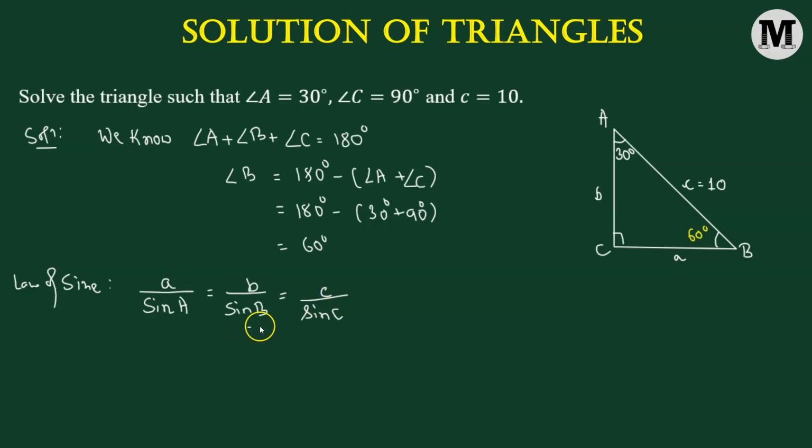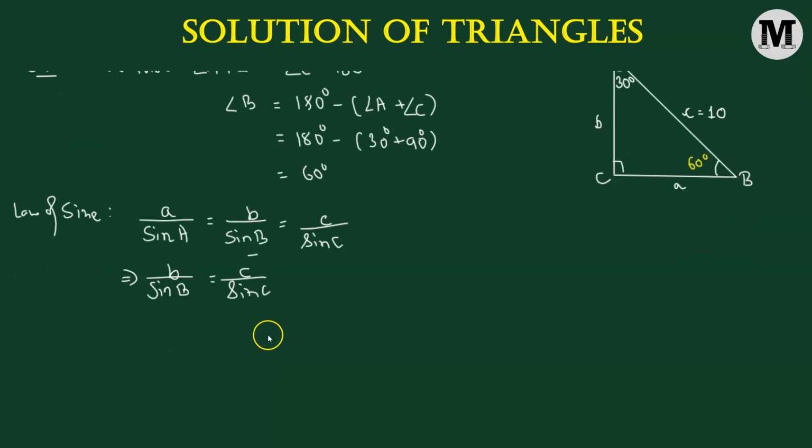So let us do one thing. Let's pick up the ratio b over sine B equals c over sine C. So we are going to consider b over sine of angle B equals c over sine of angle C. Fine. So here b is simply going to be equal to sine B over sine C whole multiplied to the side c.